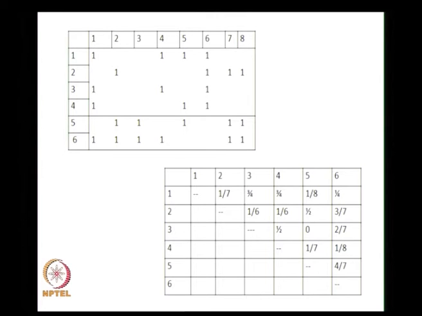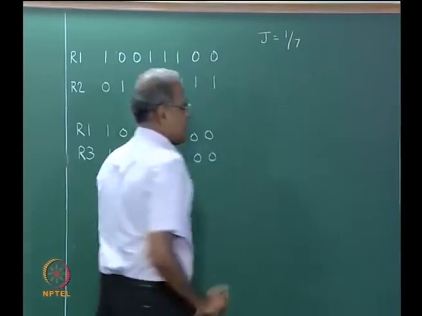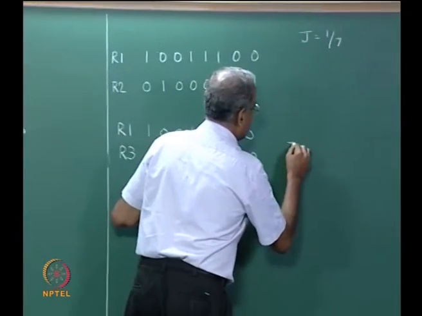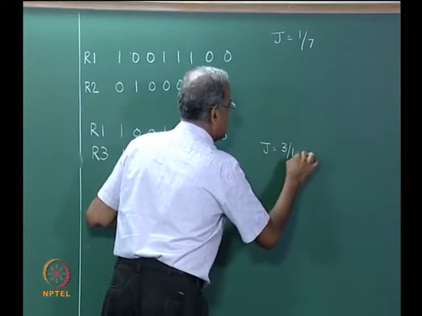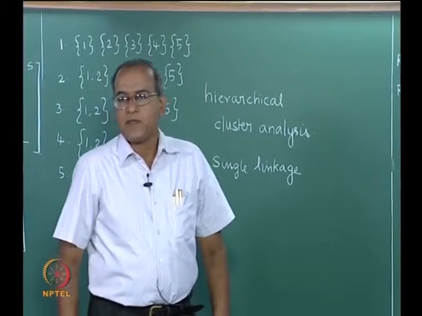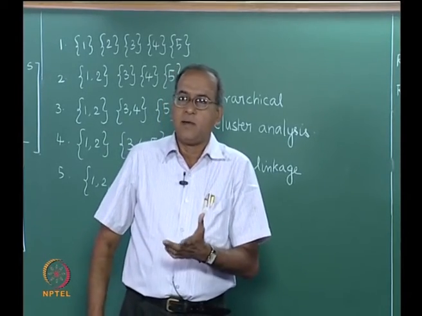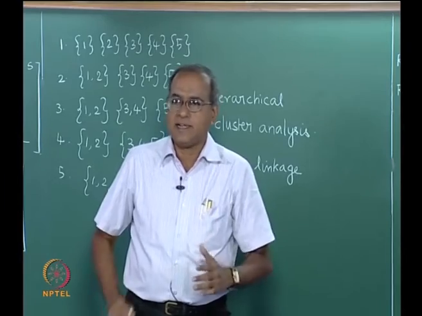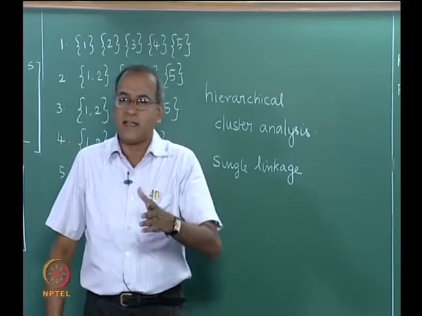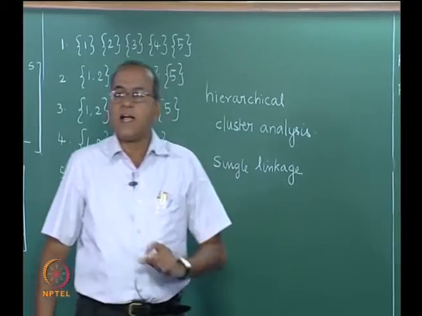So, one similarity coefficient, which I call Jaccard's similarity coefficient, is 1 by 7 here, and Jaccard's similarity coefficient here is 3 by 4. Now, Jaccard's similarity coefficient need not be the only way by which we compute similarity. It is one of the ways, and an extremely popular way to compute similarity. Now, let us look at another similarity.